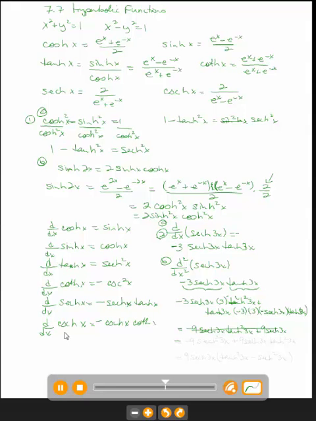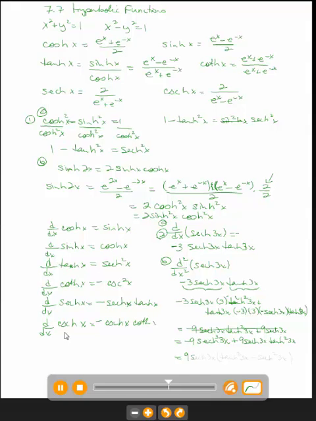So on top, I'm actually going to have negative 9 hyperbolic secant cubed of 3x. And then a plus, and I'm going to have a 9 hyperbolic secant, hyperbolic tangent squared. And then I could factor out a 9.